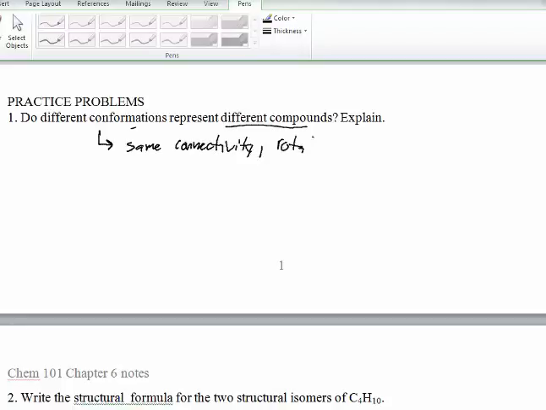Just rotated C-C single bonds. And so they have the same connectivity. They don't represent different compounds. If they were different compounds, they'd have to have a different connection between the atoms. And since it's just a conformation, we've just rotated a few bonds. They have the same connectivity. They are the same compound.